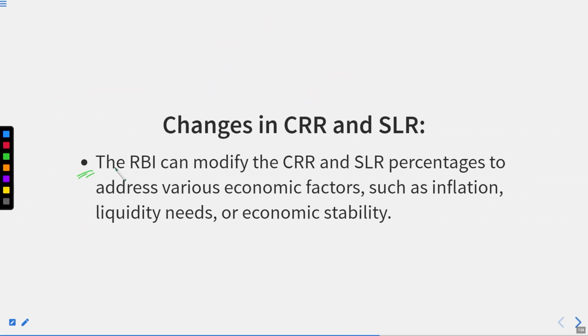All right. Thereafter, the changes in the CRR and the SLR. The RBI can modify the CRR and the SLR percentages to address various economic factors such as inflation, liquidity needs, or the economic stability, as we had taken example already.